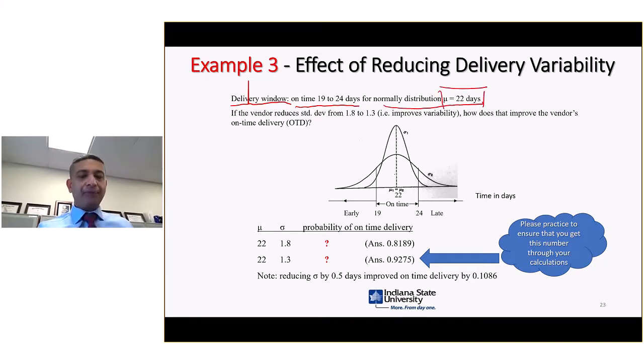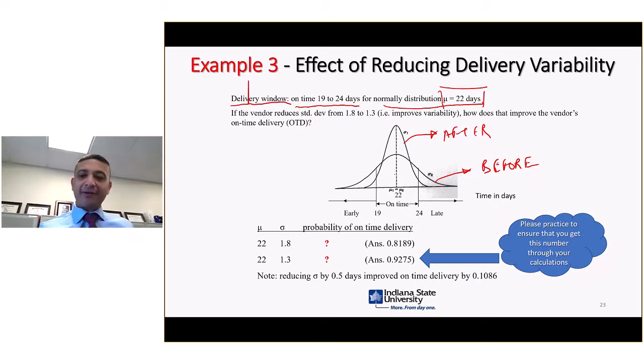Okay, so in this case, we are not looking into two suppliers. Okay, all we are looking at is a before and an after scenario. That's all we are looking at.